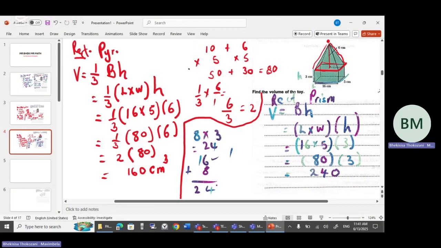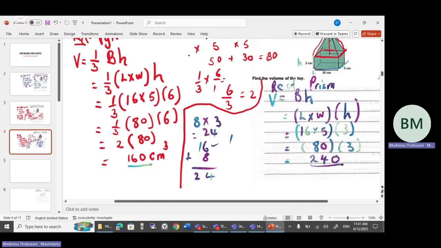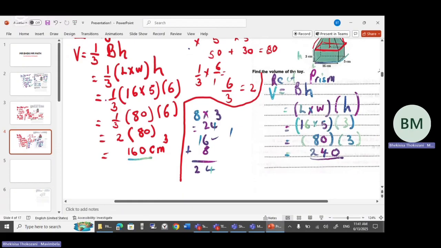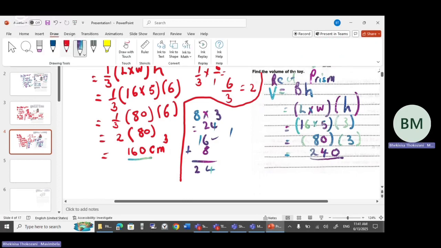Now, once we've done that, you are now going to add both this 160 and that of, let's see if I have some space here. So I can now add the one for the pyramid.